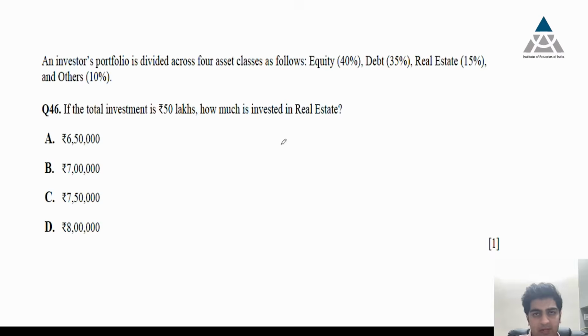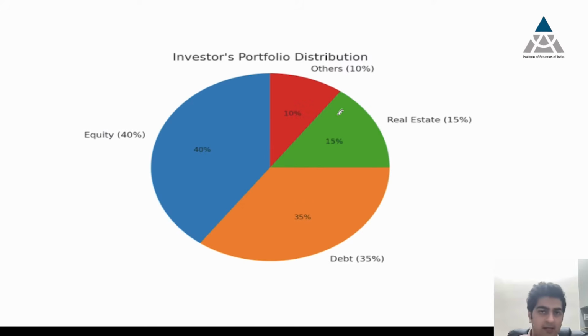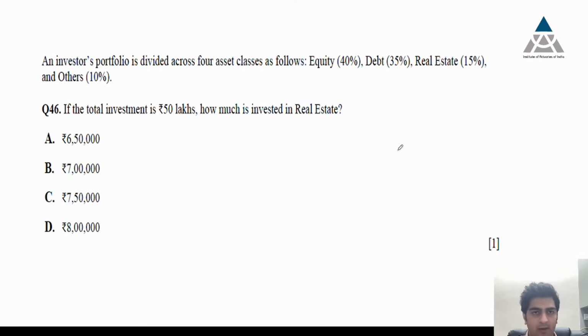Now let's see what the question is. So yes, they have just mentioned the same thing. Investor is divided into 4 asset classes. If the total investment is 50 lakhs, how much is it invested in real estate? Again, if you just understand this data, the question is quite straightforward. 15% is into real estate. Total investment is 50 lakhs.